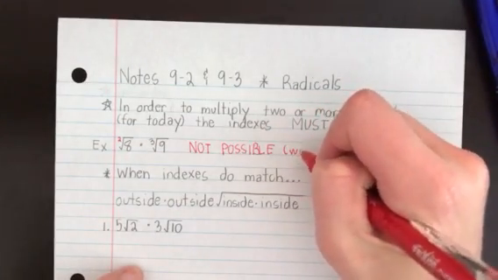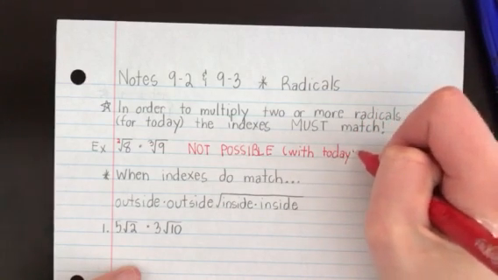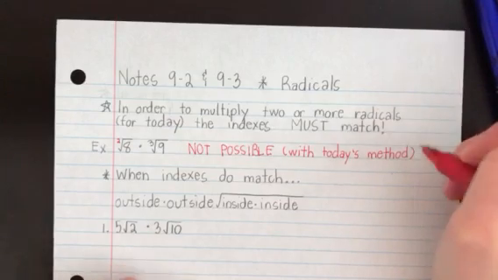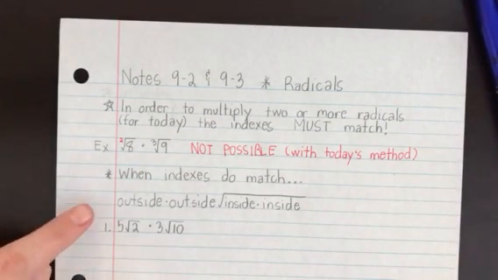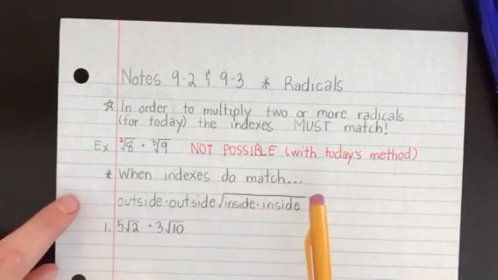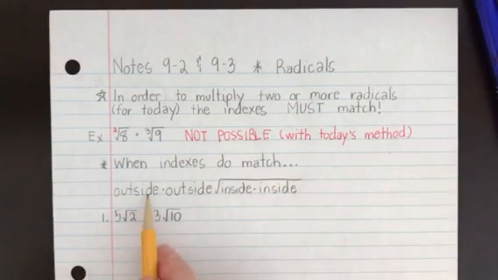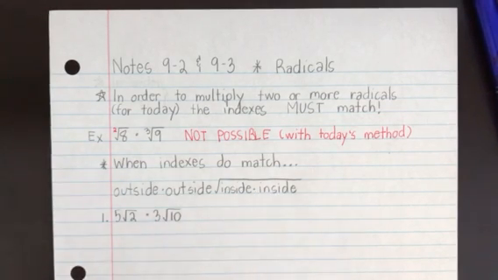I want to be clear though, this is with today's method. We're going to learn a new method in a few days, but with today's method, this is not possible. When the indexes do match, how you multiply two radicals, we've done this before, is outside number times outside number, and then inside number times inside number, and that's what goes under the radical.